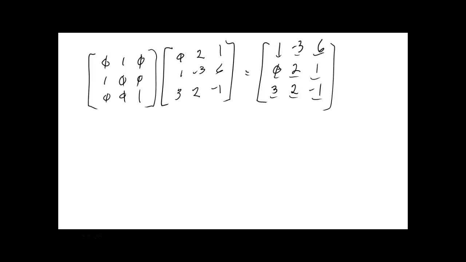They do your elementary row operation corresponding to which one did that on the identity matrix. So if you just looked at that and you saw that they switched these 2, you could just easily tell it would be 1, negative 3, 6, 0, 2, 1, 3, 2, negative 1. Right. Okay.